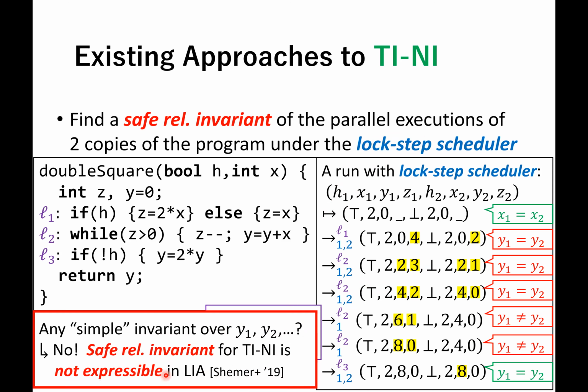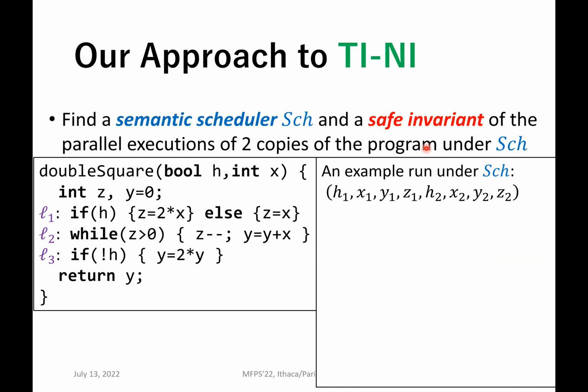So we don't have a simple invariant expressible in linear integer arithmetic under the lockstep scheduler. So we generalize this existing approach so that we can simultaneously synthesize an appropriate scheduler, without fixing the scheduler to lockstep, and also simultaneously synthesize a safe invariant preserved by the synthesized scheduler.